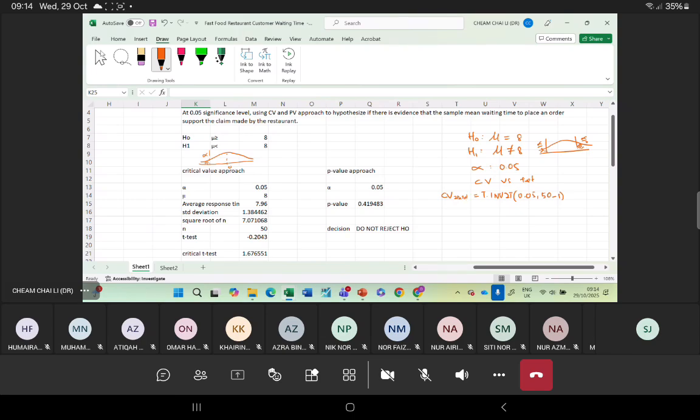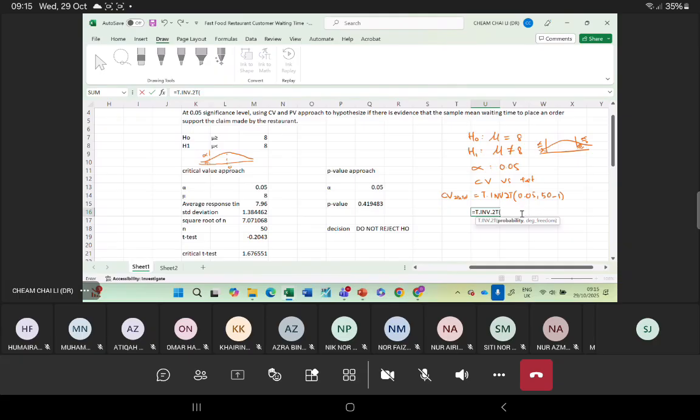Okay, let's calculate it. Let's do it together. So sama dengan t dot inv, right? So two tail, double click ni. Probability, so kita masukkan alpha saja.